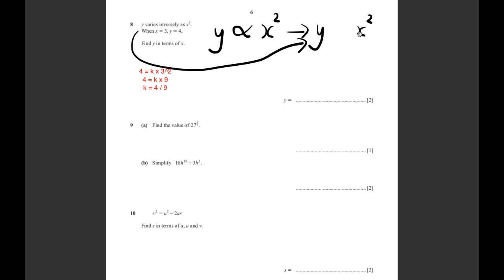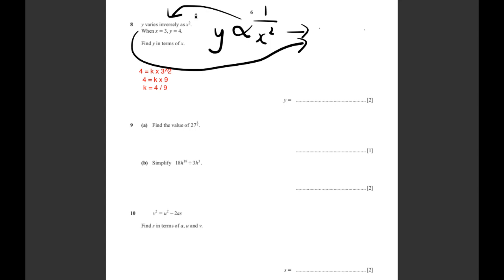So this equation needs to be adjusted slightly, as our proportionality statement is the following. Well, I'll keep a lot of this already. So y does not vary as x squared, but y varies inversely. Therefore, y is related to 1 over x squared. Okay, this is really the important part of inversely compared to direct.